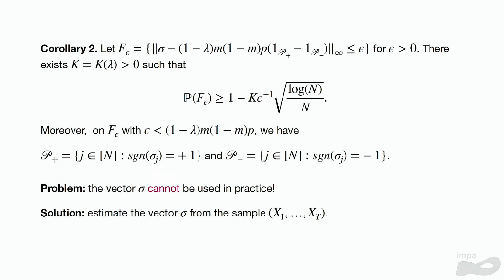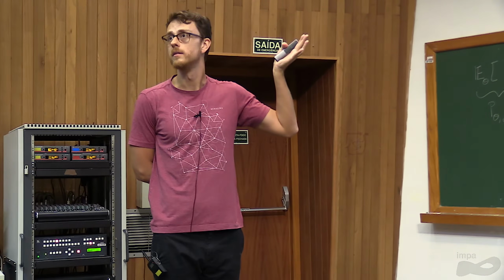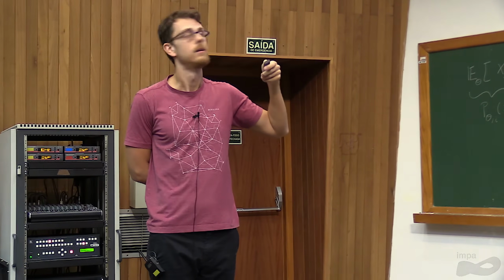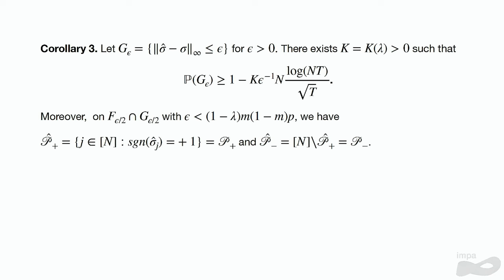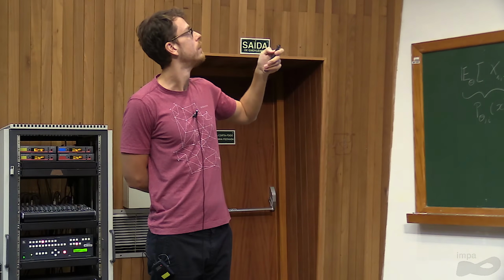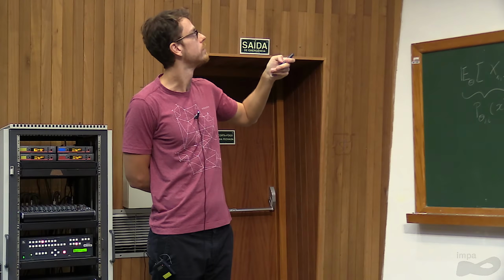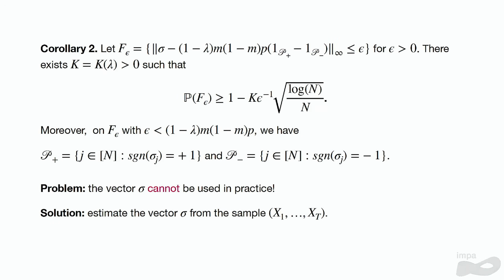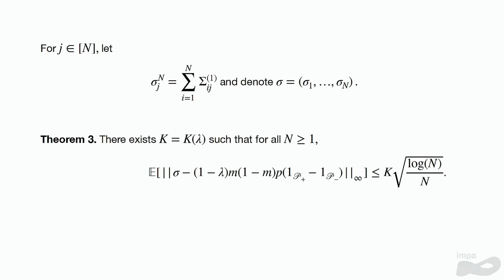But of course, in practice, I cannot use sigma because I don't know this matrix sigma 1, right? Yes, say it again. Where is the randomness here in this expression? It's hidden in the environment. Well, it's hidden, right?